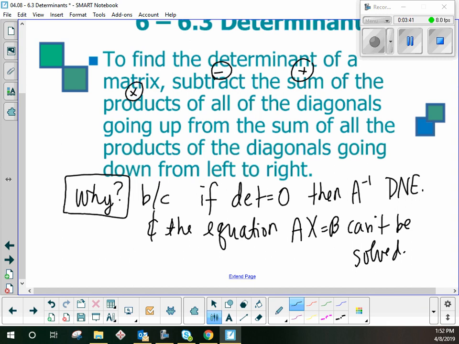Multiply, all right? And we know what diagonals are, right? In a matrix, we have the diagonals. So the sum of all the products of the diagonals going up minus the sum of all the products of the diagonals going down. These are the things that I have to define for you. What does it mean, diagonals going up? And what does it mean, diagonals going down? But the other words, we pretty much know what they mean. And we'll come back to this in a bit to sort of close the loop on all that wordiness.